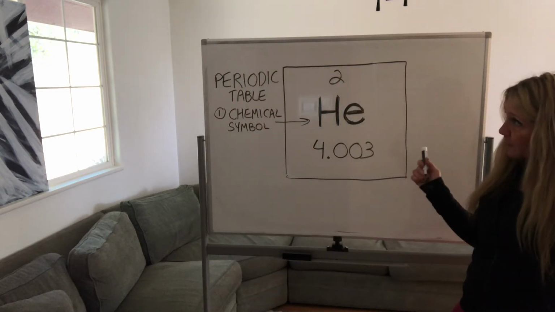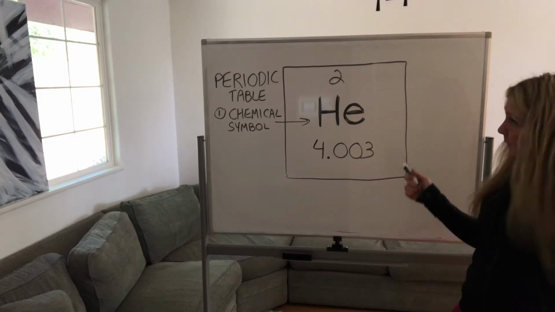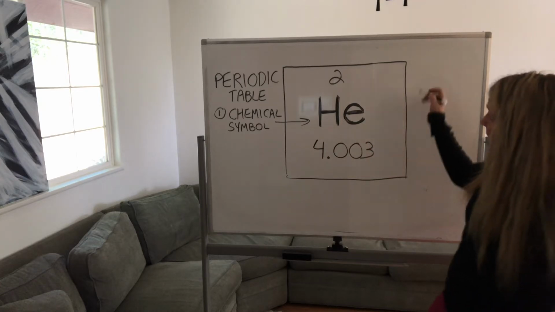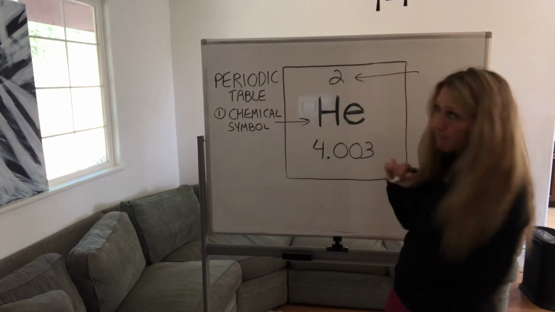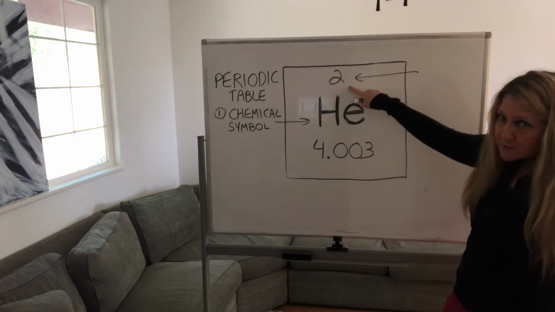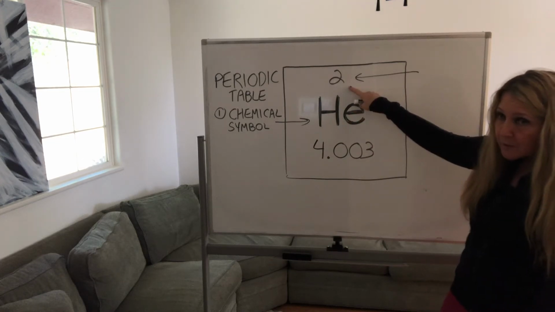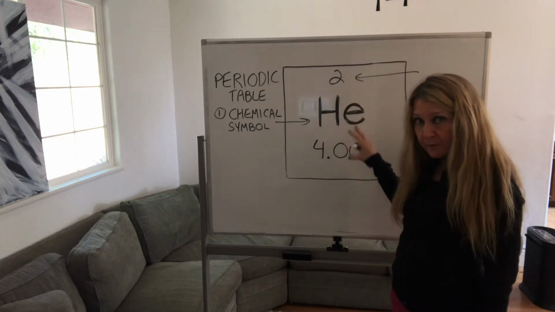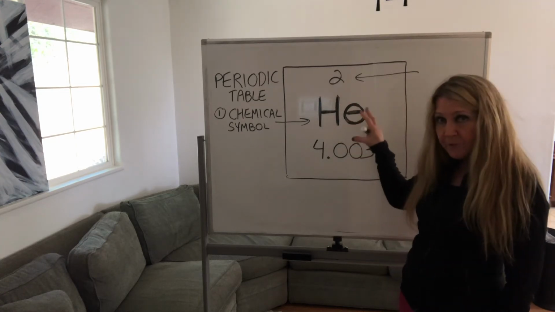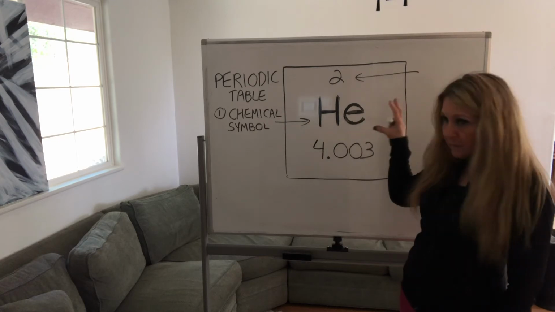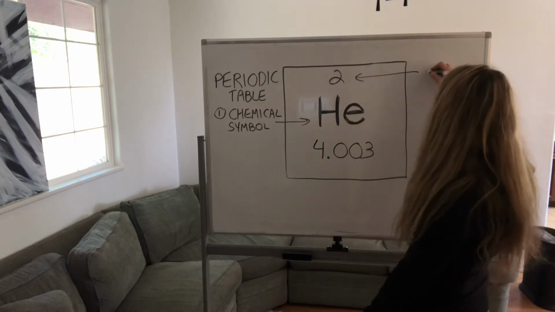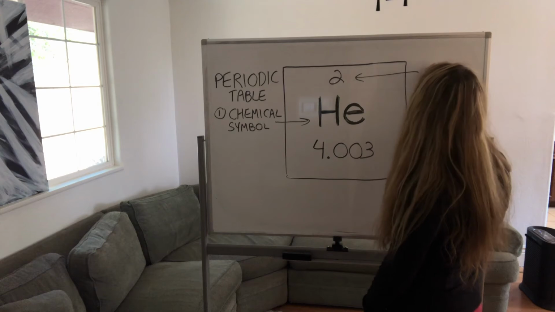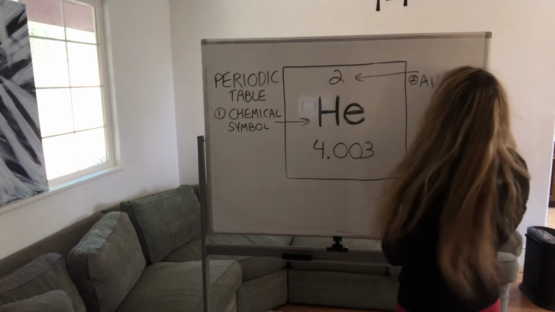The next thing we can tell from the periodic table is the atomic number. And that's this number above here. Now, there's always going to be two numbers for each element here. The smallest one will be the atomic number. Usually it's written above the symbol. So this is the second thing, atomic number.